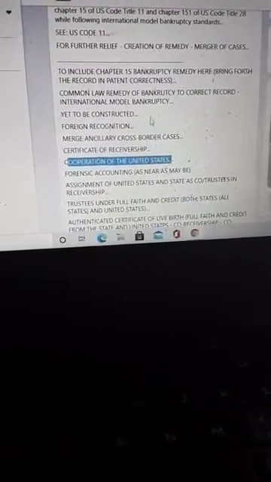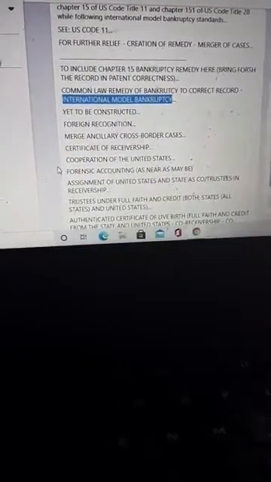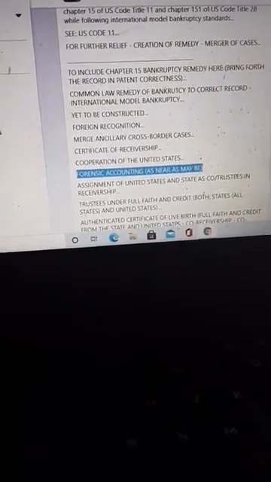And this is a cooperation of the United States under that international model bankruptcy to do a forensic accounting as near as may be. And this is where the IRS is the trustee between the Department of the Treasury and the Social Security Administration of each state, because that is the true transmitting utility that they're operating under this credit collection.